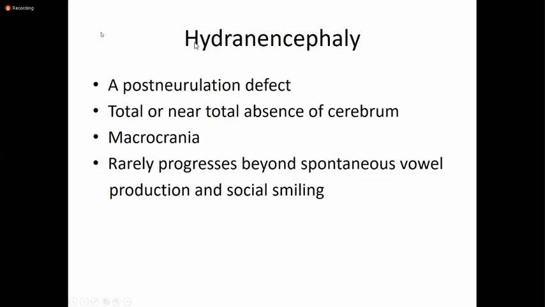Another common type of hydrocephalus, particularly in the pediatric age group, is hydranencephaly. What is the difference between hydrocephalus and hydranencephaly? Hydranencephaly is also one of the kinds of hydrocephalus, but in this there is a negligible amount of cortical mantle on the CT scan.